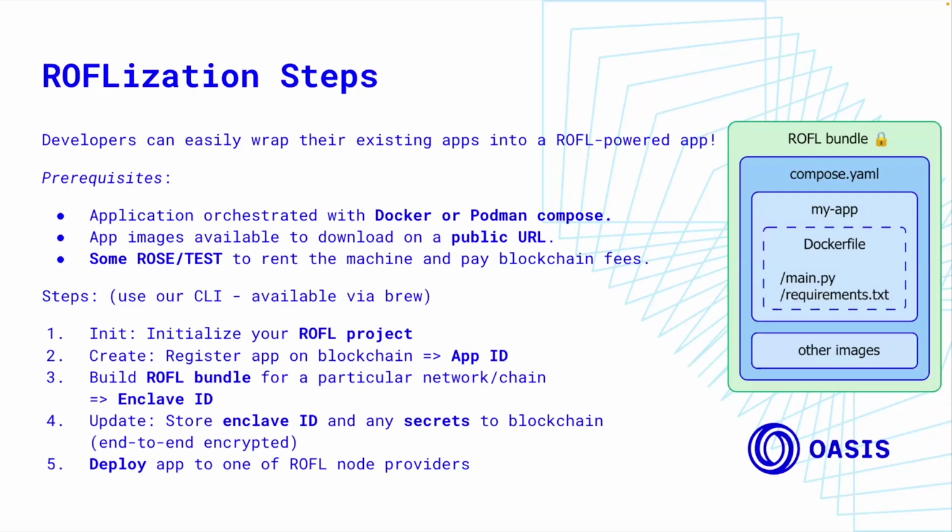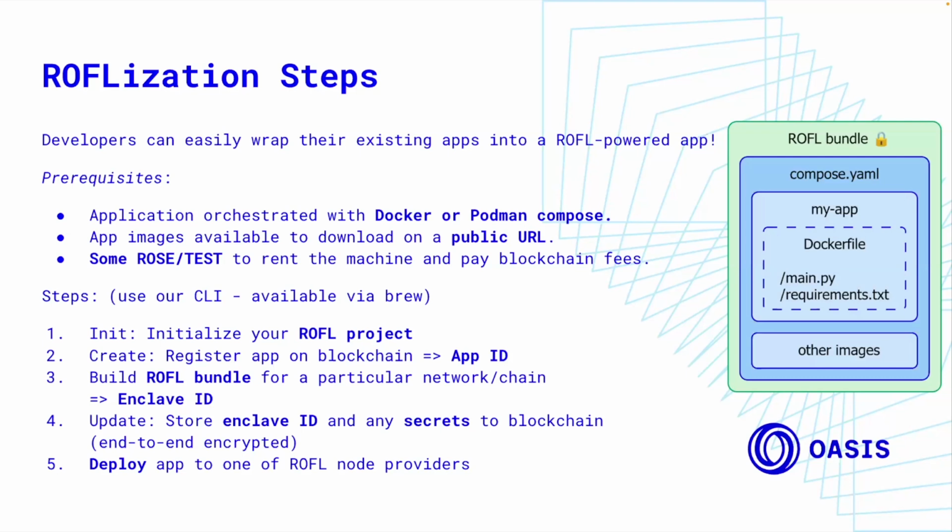Then you have the create command, which registers the app on-chain, meaning you get an app ID, a unique ID you get on the testnet or the mainnet. Then you build your ROFL bundle. This creates a bundle of your compose file and all the data you have in your YAML, meaning the name, the version, and everything.